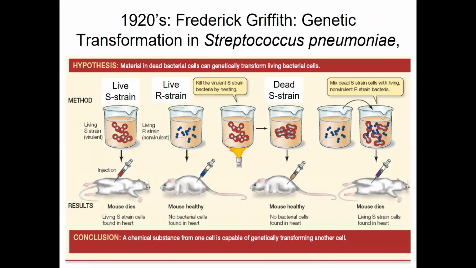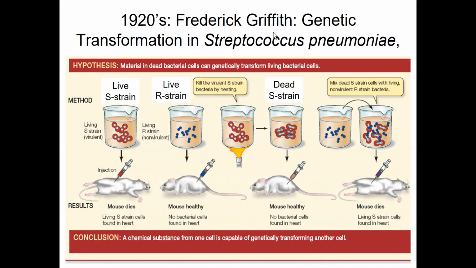So the scientist Frederick Griffith in the 1920s was responsible for demonstrating that the genetic material from one set of bacterial cells can be incorporated into the cells of living bacteria in order to give those living bacteria new traits, new characteristics.